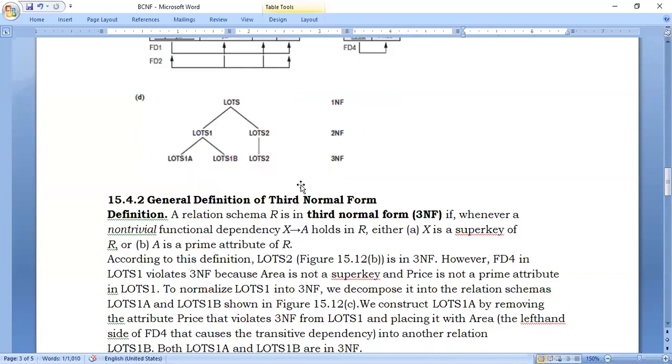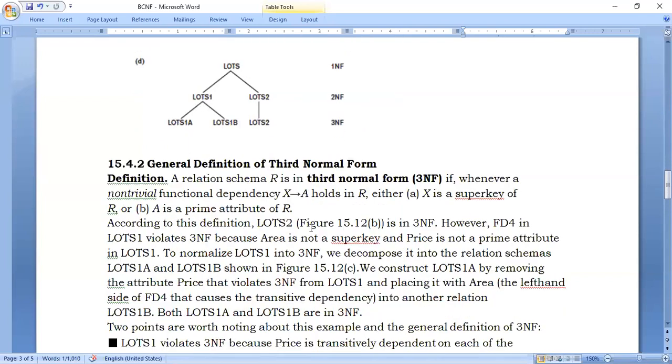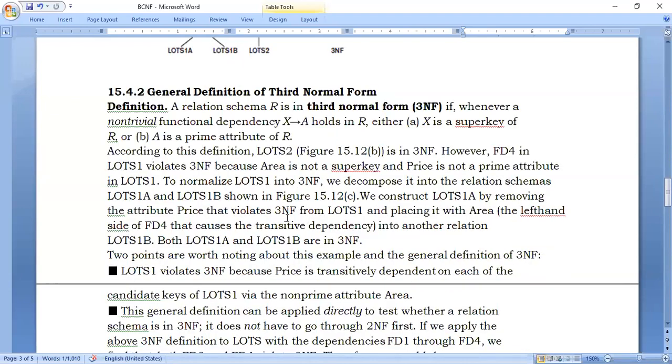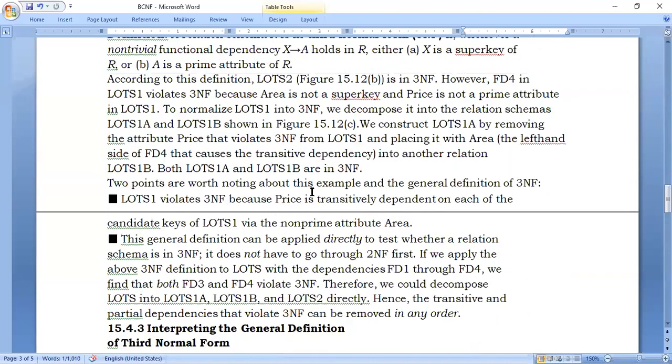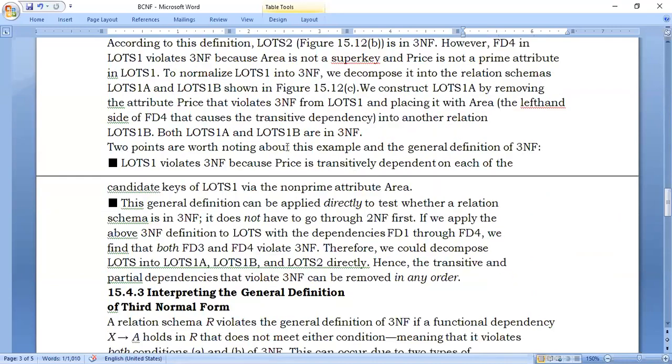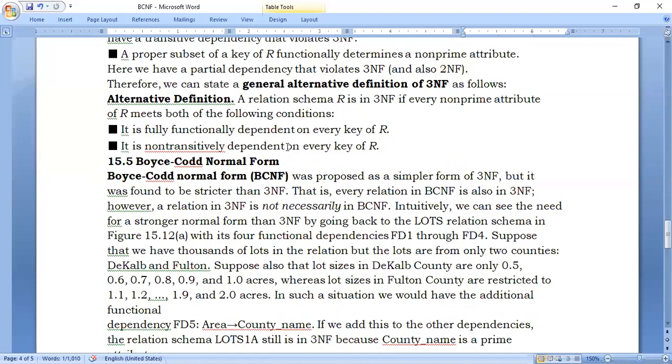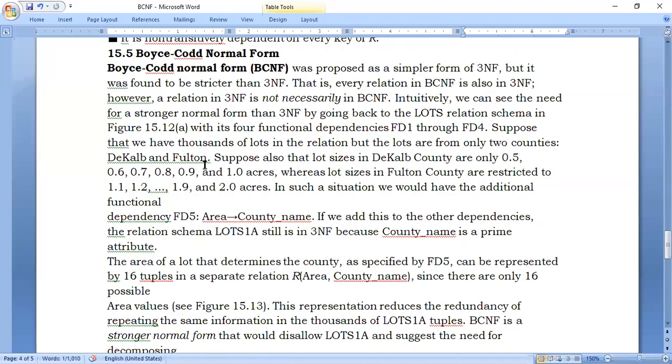For example, all the lots in the country DeKalb. So here we have to understand, all the plots in the country DeKalb are of sizes like 0.6, 0.7, ranging from 0.1 acre to 1.0 acre.